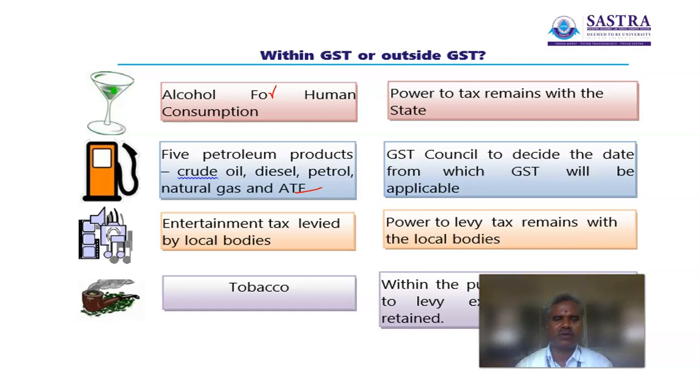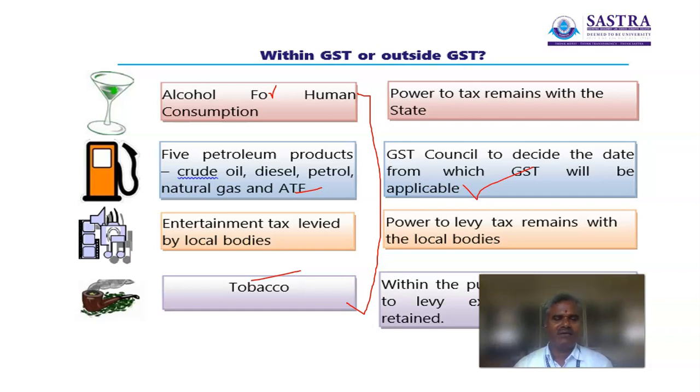Entertainment tax levied by local bodies, tobacco. Here you see, the power to tax remains with the state. If the state decides, they will charge GST for all. The GST Council will decide the date from which it will be applicable.